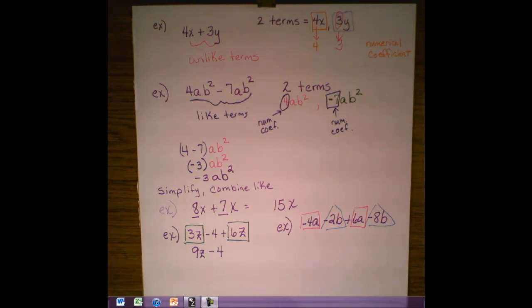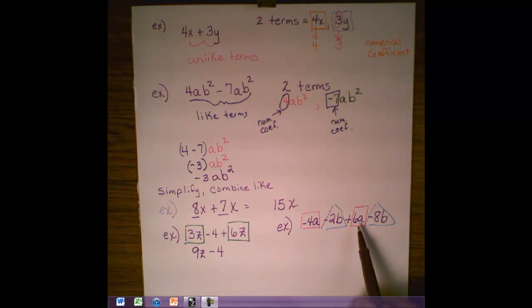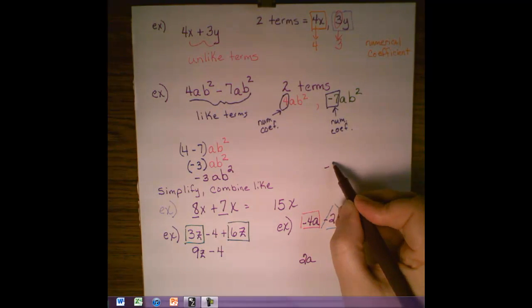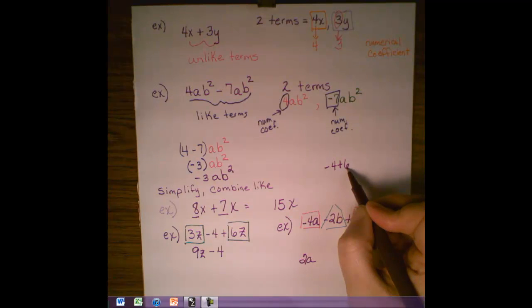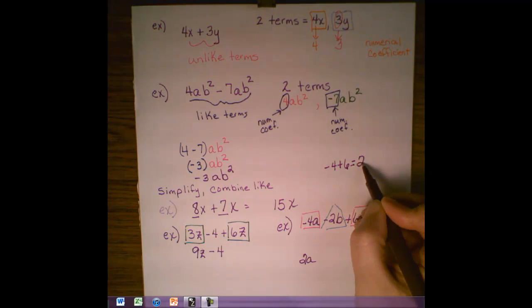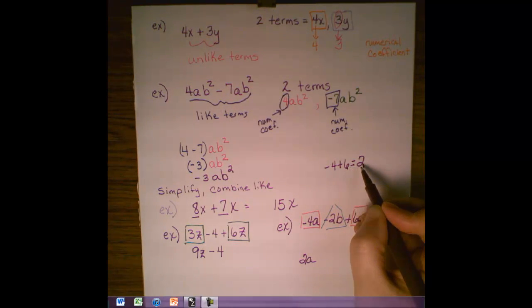Negative 4a and a positive 6a is 2a, because a negative 4 plus 6 is equal to a positive 2. The signs are different, so we subtract and keep the sign of the larger number.